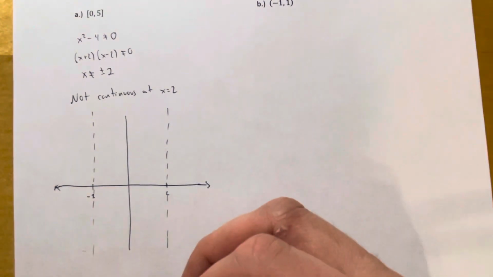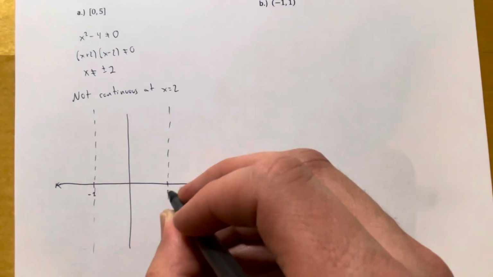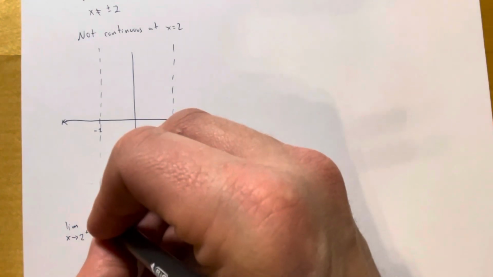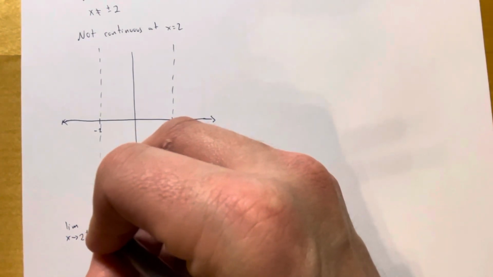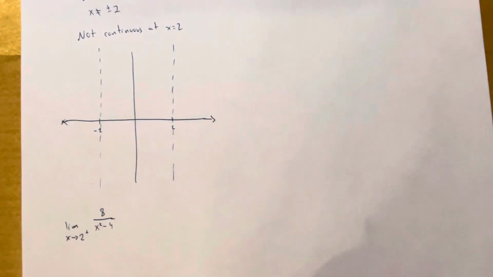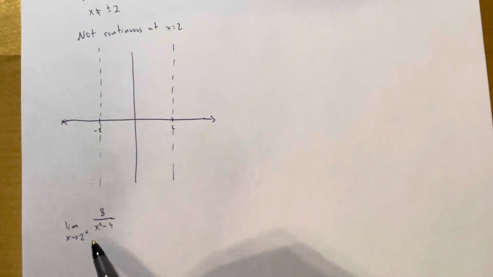So again, remember the way you can check that, if I did the limit as x approaches, let's say this +2 right here, from the right, of 8 over x squared minus 4. We can do this one by thinking it through. If x is approaching 2 from the positive side, that means I'm using values that are just slightly larger than 2 when I'm plugging them in for this x here, but getting closer and closer to 2.